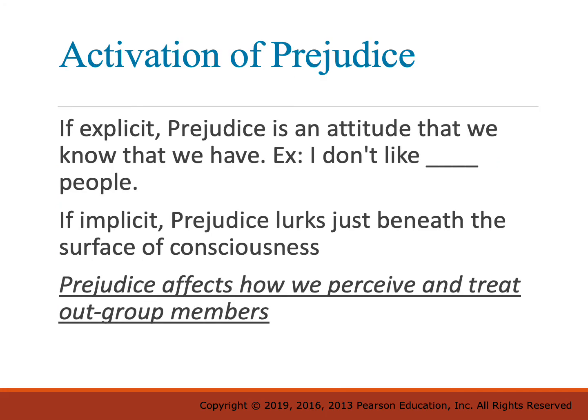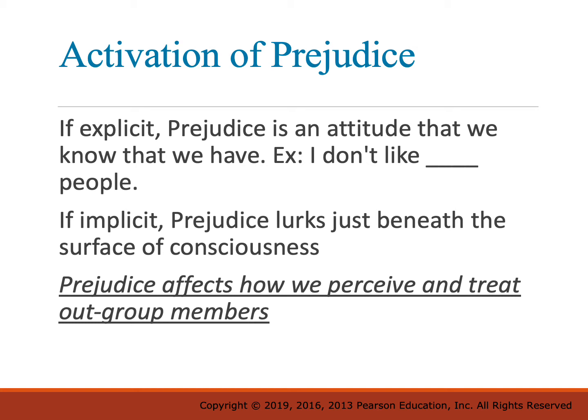So if we talk about the activation of prejudice, if it's an explicit attitude that is known to everyone, known to ourselves and known to others, prejudice is an attitude that we know that we have. For example, that gentleman who was wearing the KKK hat in the previous picture might say, I don't like African American people.